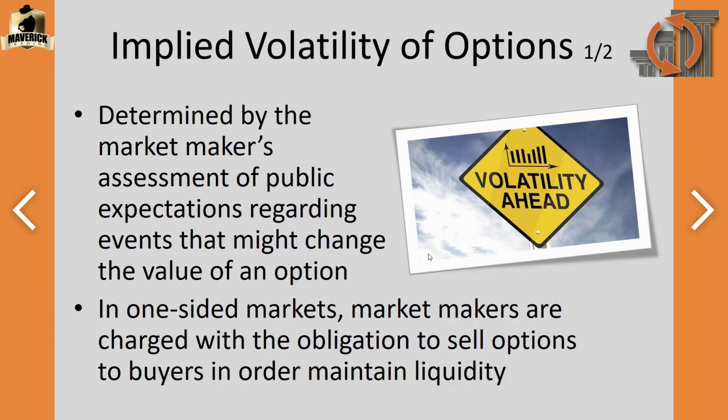Implied volatility is how much is priced into the option in terms of forward-looking expectations for volatility. If we think about it logically, there could be two options that are identical in almost every way. You could have two stocks, hypothetically, that are both trading at $50 per share. They both have an August expiration, and that expiration is the same day.